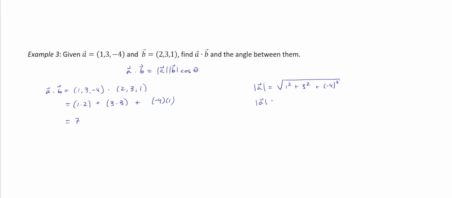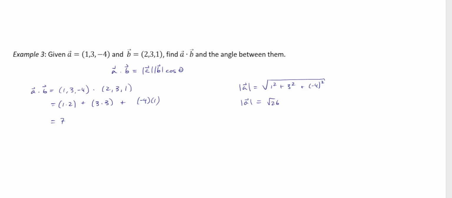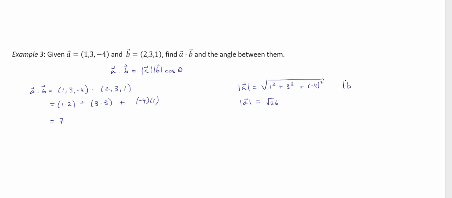The magnitude of A is the square root of 26. Now the magnitude of B is 2 squared plus 3 squared plus 1 squared, and then we take the square root of all that. That's 4 plus 9 plus 1, which is the square root of 14.